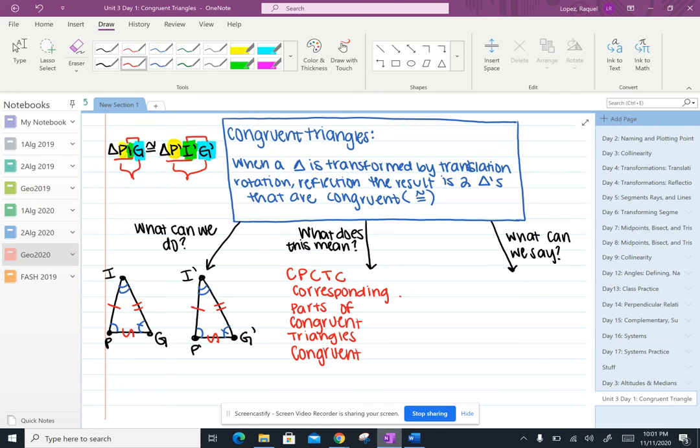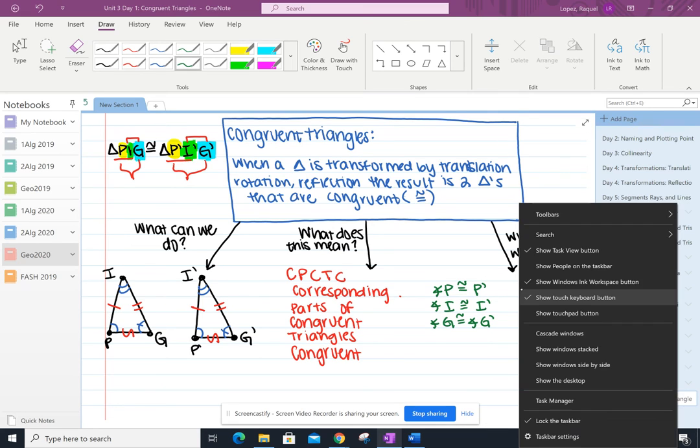And so what can we say? Well, now we're going to take everything that we marked up on our diagram and just write congruency statements. So we can say angle P is congruent to angle P prime. We can say angle I is congruent to angle I prime, and we can say angle G is congruent to angle G prime. And then we can write similar statements for the segments.